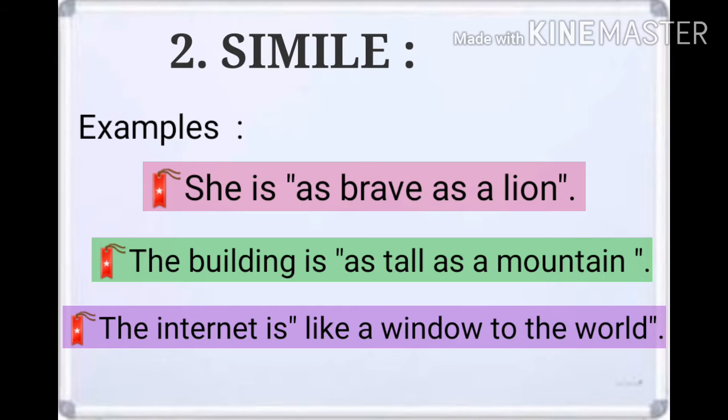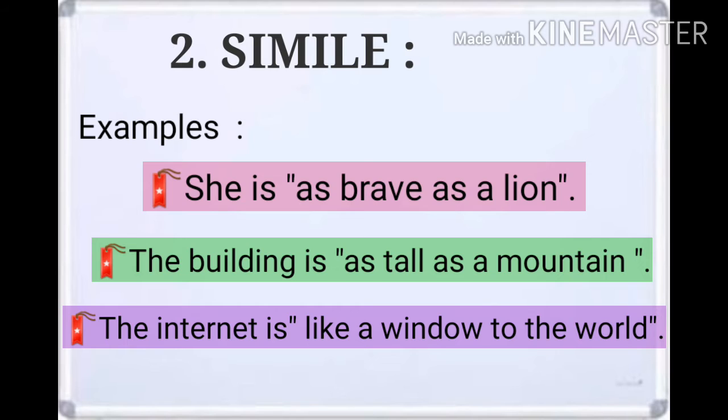Let's consider the third example, which is the internet is like a window to the world. Here also two very unlike things, internet and a window, are compared. Saying that internet is like a window to the world implies that it lets you see anything and everything. So both have one thing in common, both let you see everything around you.